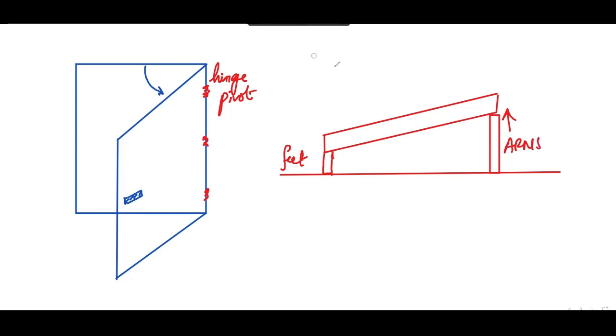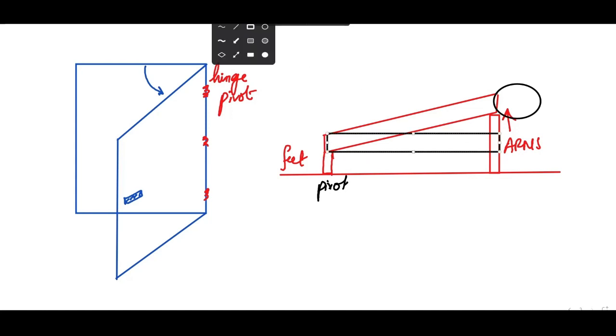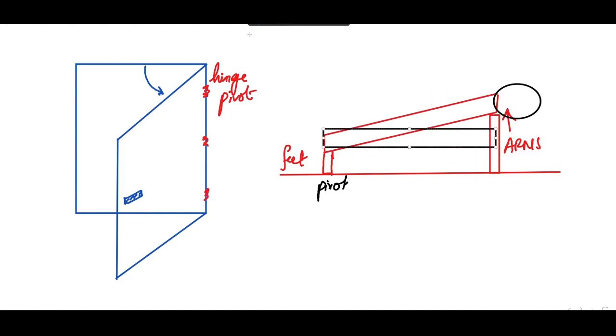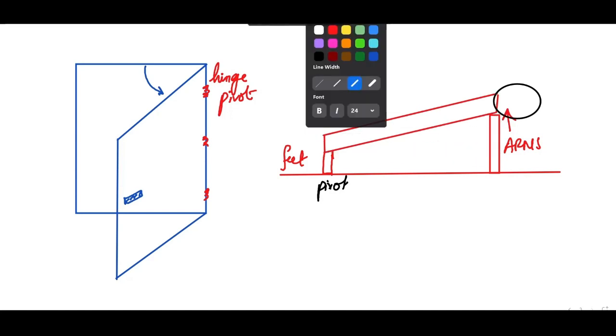Can you identify what would be the pivot of this system? The feet will be the pivot because they did not leave their position as the person tries to push himself upwards. What he has done is move from this position to this position. So we will consider the feet to be the pivot.